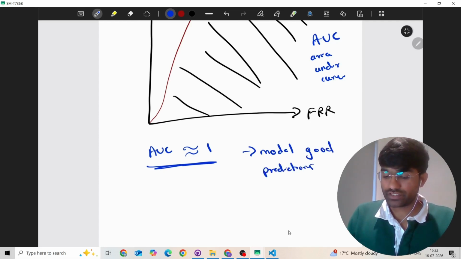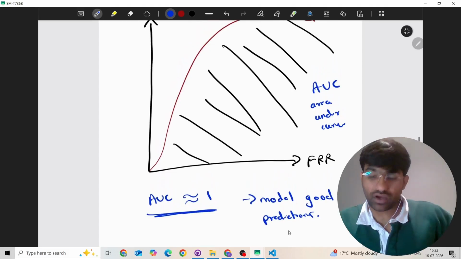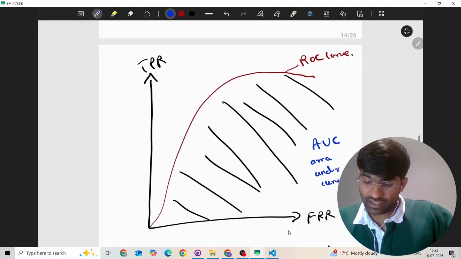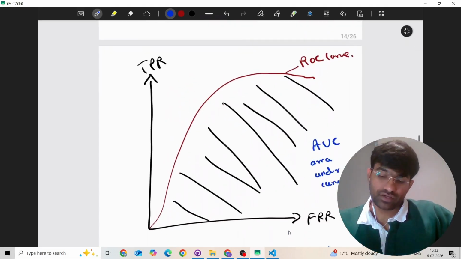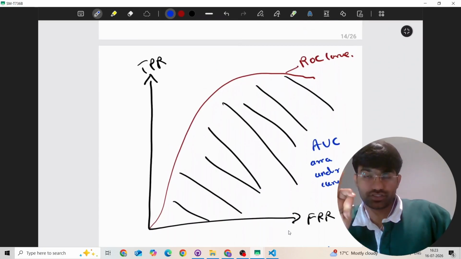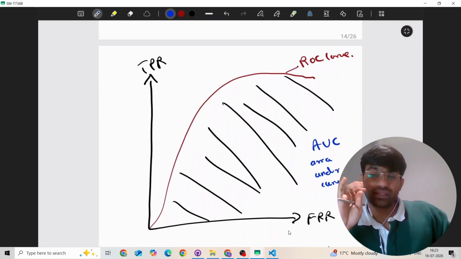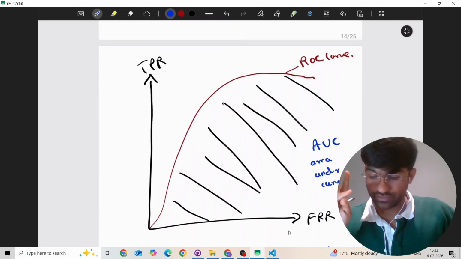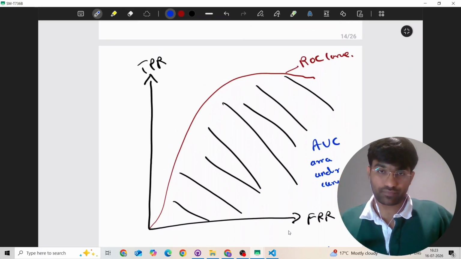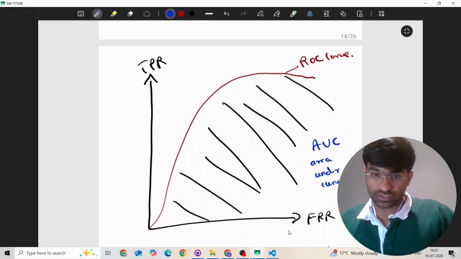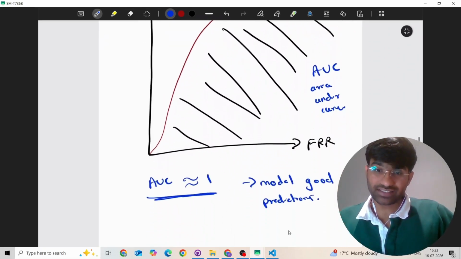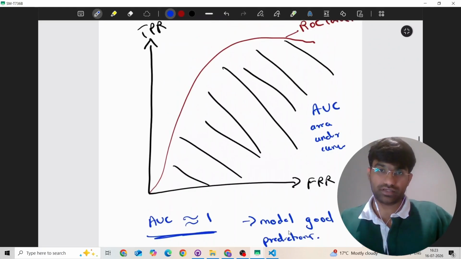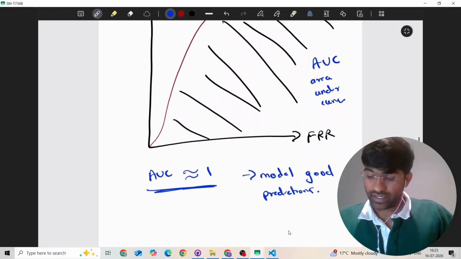So based on the ROC-AUC curve, this is how you can identify the model accuracy. So accuracy score, precision score, recall score, F1 score, and ROC-AUC score. These are the performance metrics we use in classification machine learning algorithms to do the evaluation of the model.